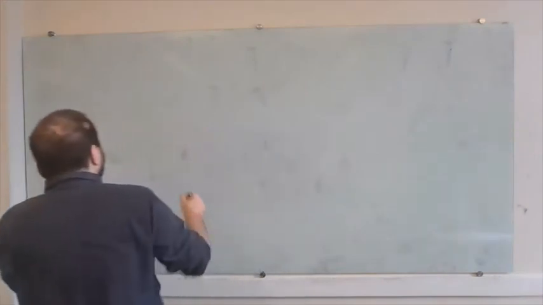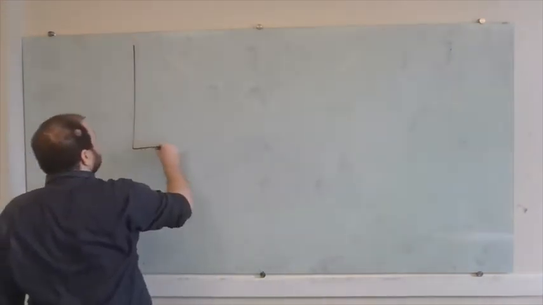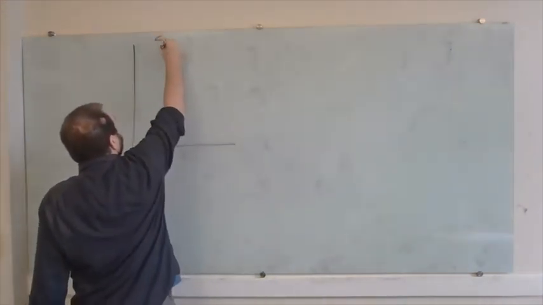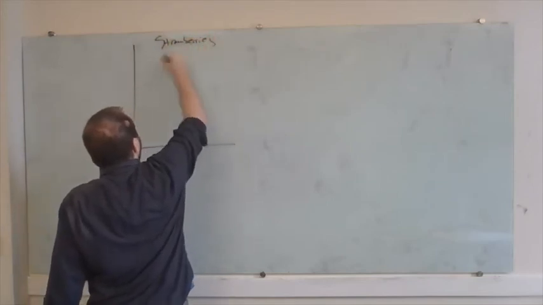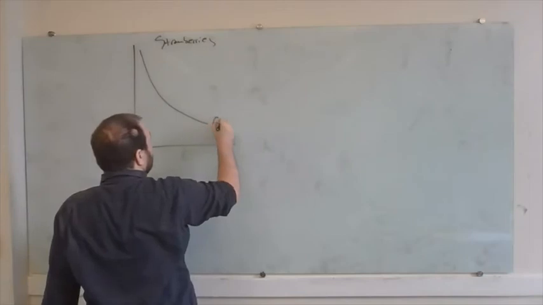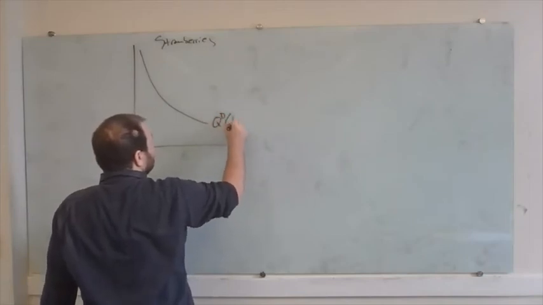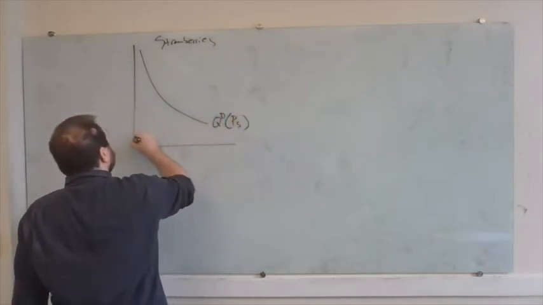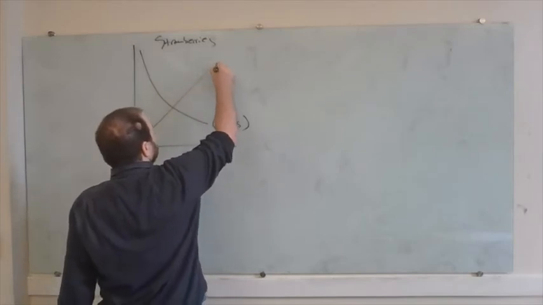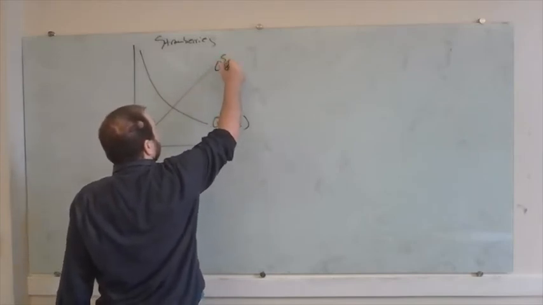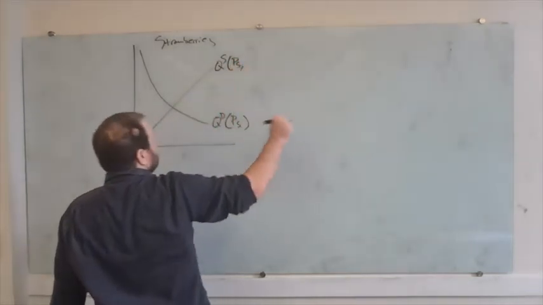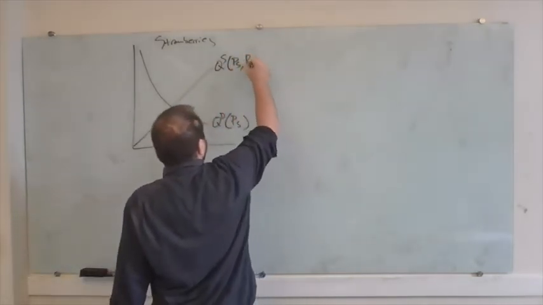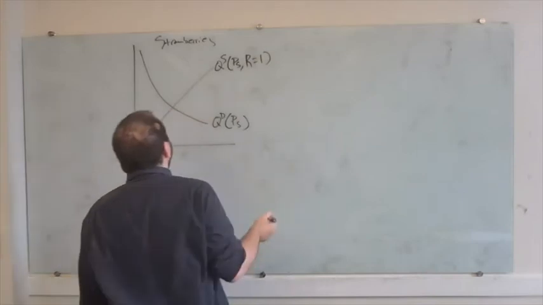Okay, so to write this out, let's imagine we've got a market for strawberries, where we've got demand for strawberries that we're going to assume is just a function of the price of strawberries. And we've got supply of strawberries that depends on the price of strawberries but also depends on the rental rate of land, which for now, let's say is $1 an acre.